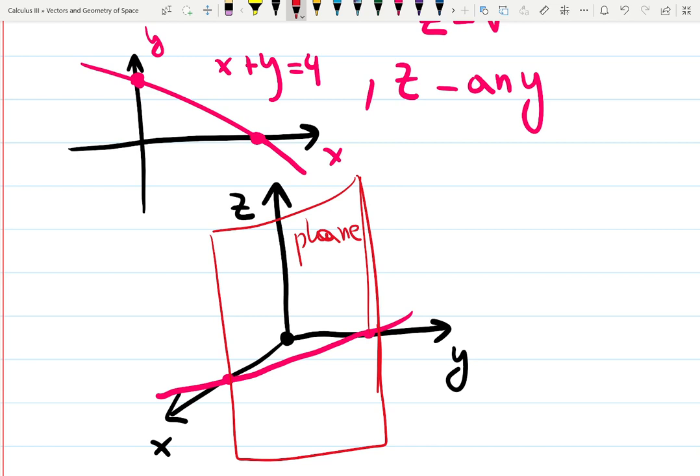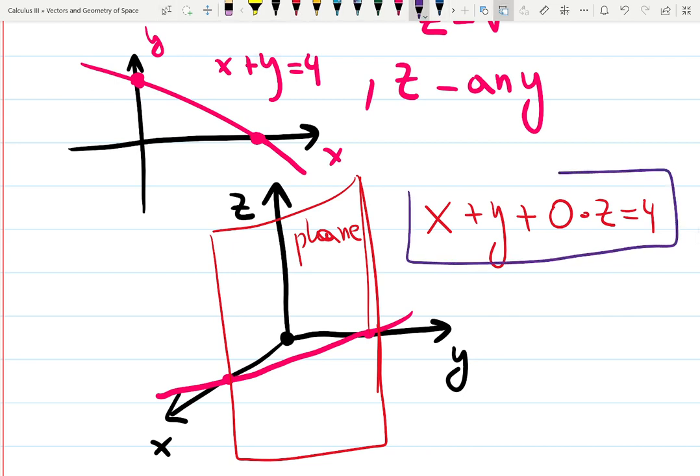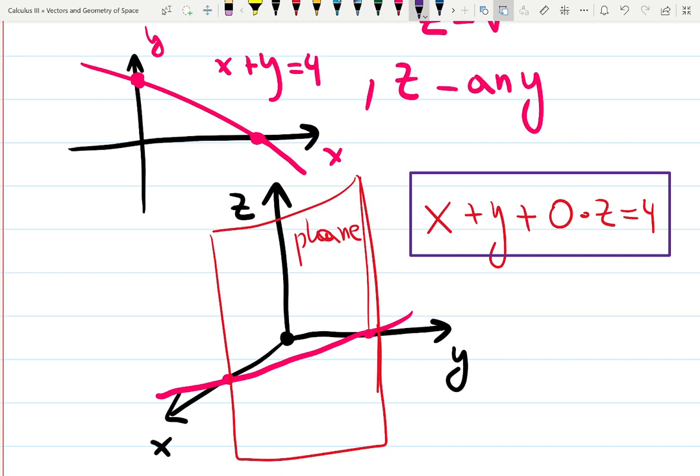And the equation of this plane in 3D will be like so. We know that it is X plus Y plus 0 times Z equals 4. That's the big difference. We're introducing a third dimension, so it is there all the time. But if you don't see, it's multiplied by 0. Multiplying by 0, it means Z can be any. That is the idea.